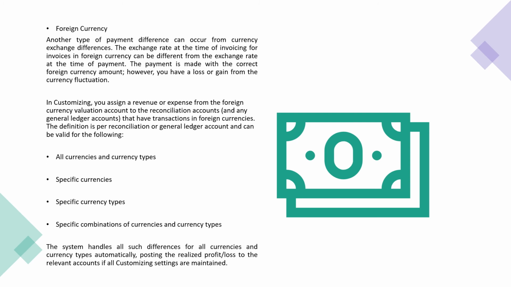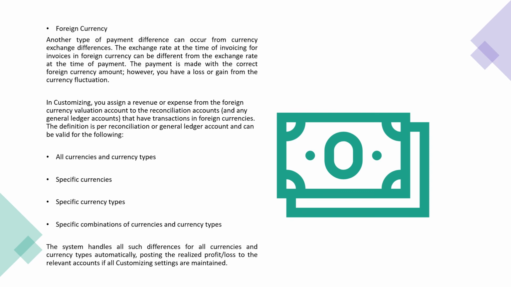So in customizing, you assign a revenue or expense from the foreign currency valuation account to the reconciliation account and any general ledger account that has transactions in foreign currency.